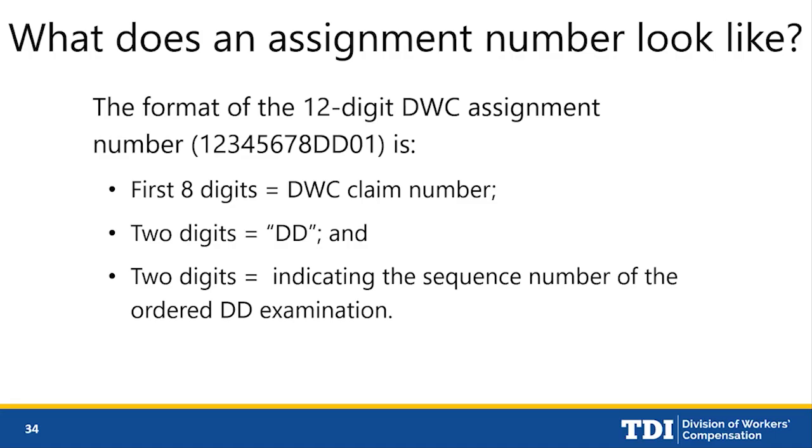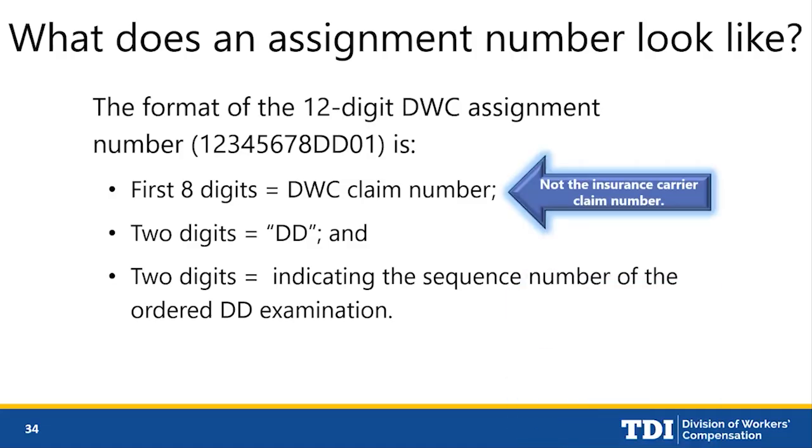So the format of the assignment number is going to include the DWC claim number. That's the first 8 digits. And then the letters DD indicating that it is a designated doctor exam. And then the next 2 digits are the sequence number. Keep in mind, the DWC claim number is not the insurance carrier claim number.